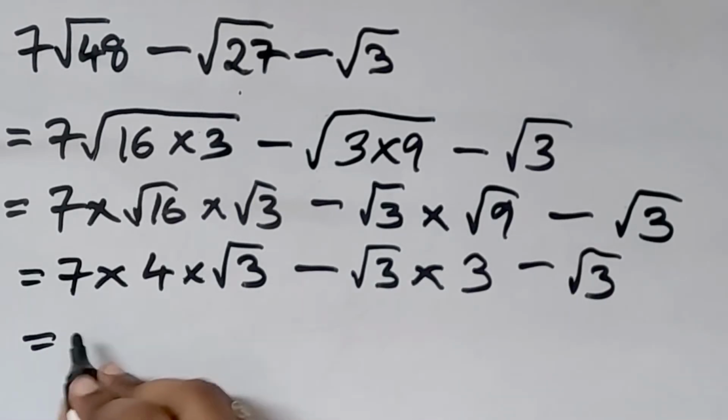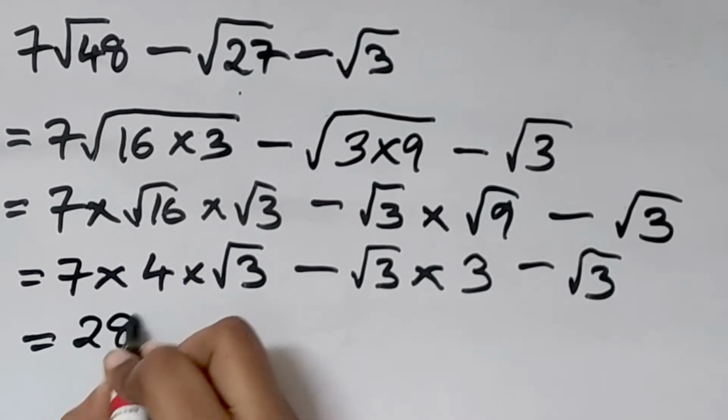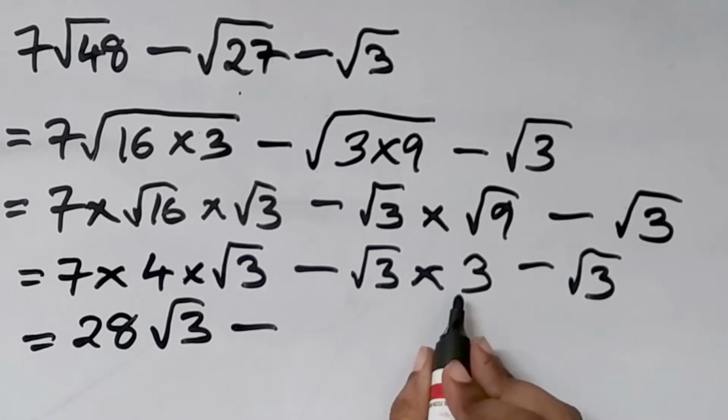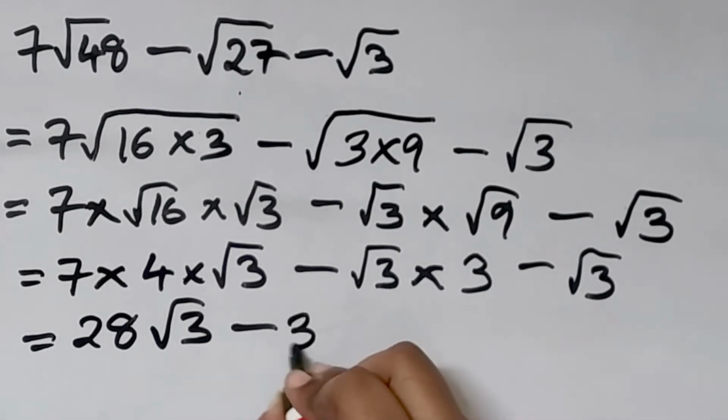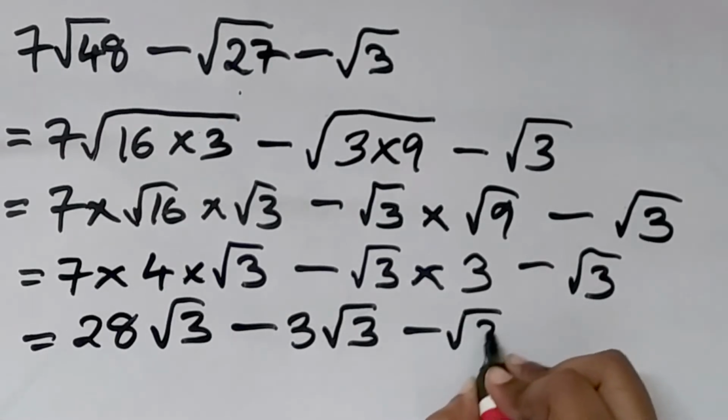Now 7 fours are 28 into root 3. So 28 root 3 minus 3 into root 3, 3 root 3 minus root 3.